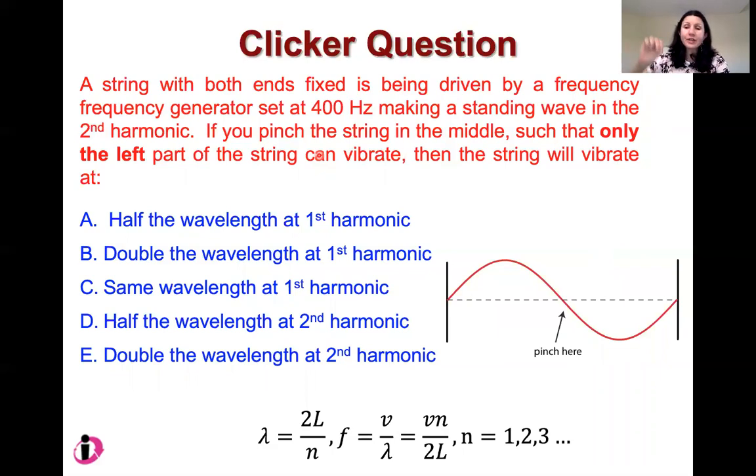There's a frequency generator which is oscillating and creating the standing waves, and you can imagine turning the knob and fixing that oscillation to a specific frequency of 400 hertz. And it happens to make a standing wave in the second harmonic like this. Now, imagine you pinch the string in the middle right here, and imagine that the generator is on the left, so that only this part of the string is able to vibrate.